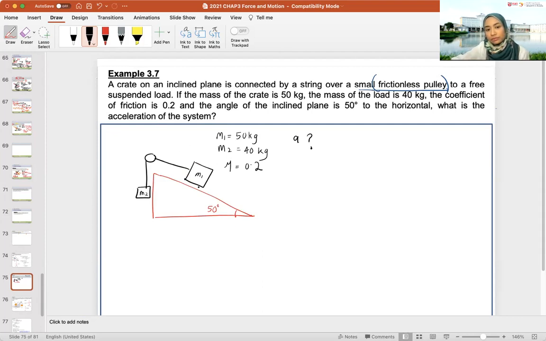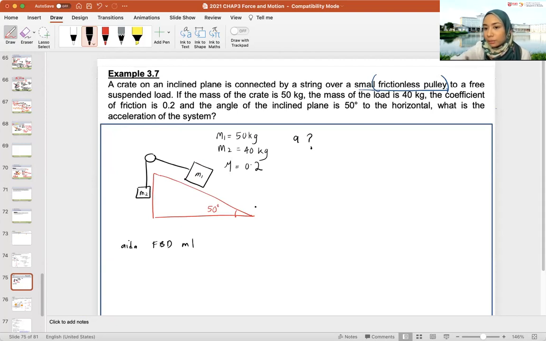Okay, so kita ada dua free body diagram. So banyak kerja. So saya akan agi-agikan macam biasa. So let's pick names. Boleh ke saya nak Aida untuk buat M1? Okay, Aida buat free body diagram of M1.